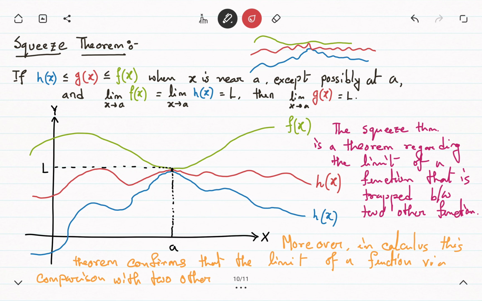In the long run it is approaching a number, a figure.